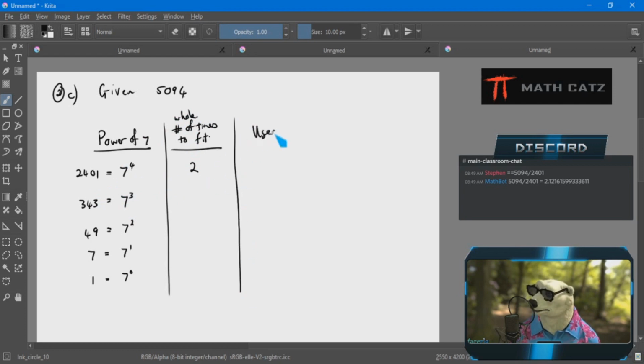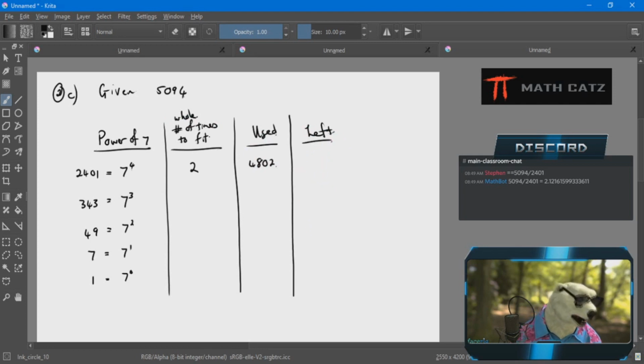Then I want to know, how much have I used? Well, if I times it by 2, I get 4802, of course. So sometimes it's going to be an easy arithmetic to do. Sometimes maybe you need a calculator, or all the time, whatever. Just make sure that you have the right numbers here, because what comes later relies on that. So I've used a lot of the quantity, but I still have some left over. Now I don't want to feel like I'm guessing here.